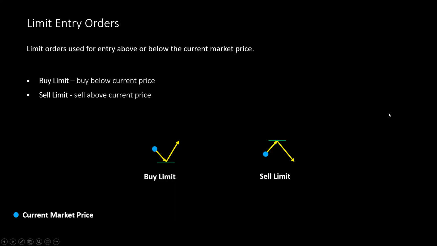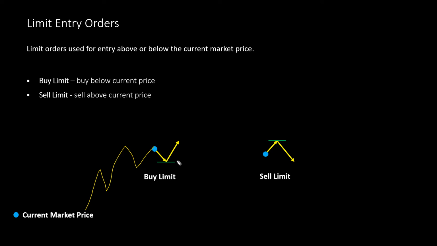The next one we have here is the limit entry orders. We have a buy limit and a sell limit. Buy limit is buy below the current price. The blue dot, as you can see here, is the current price. Let's assume, just for the example, you are in an uptrend.